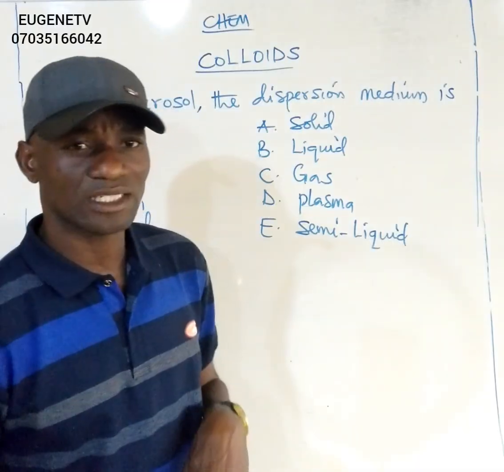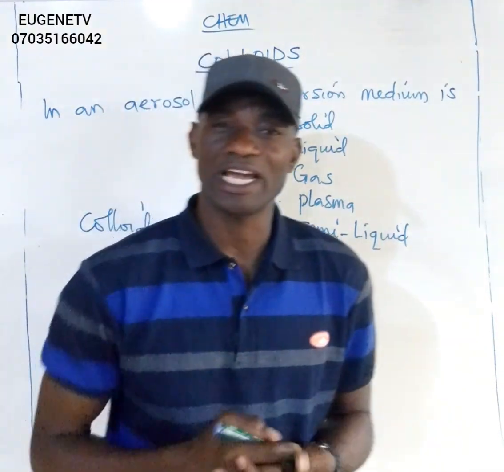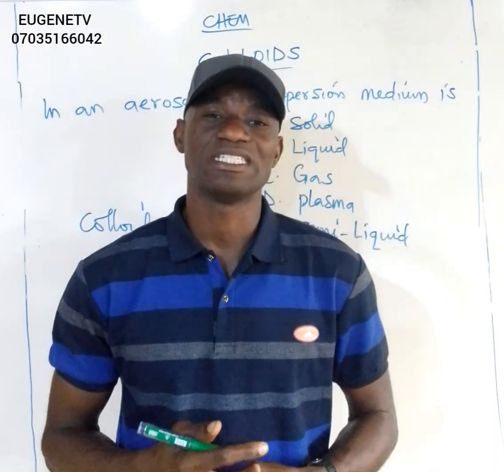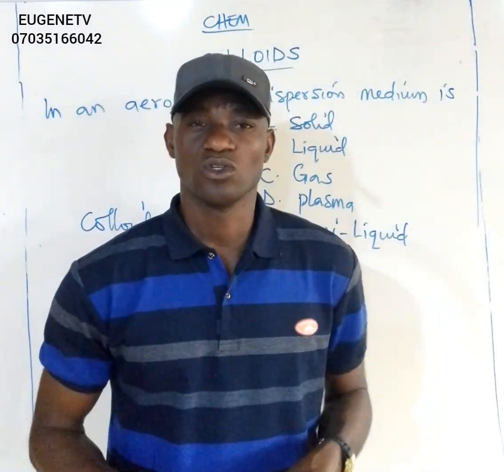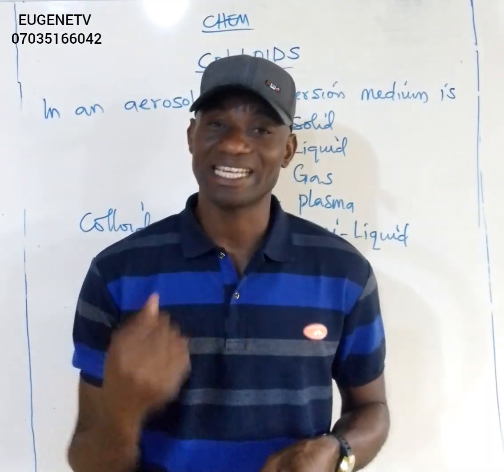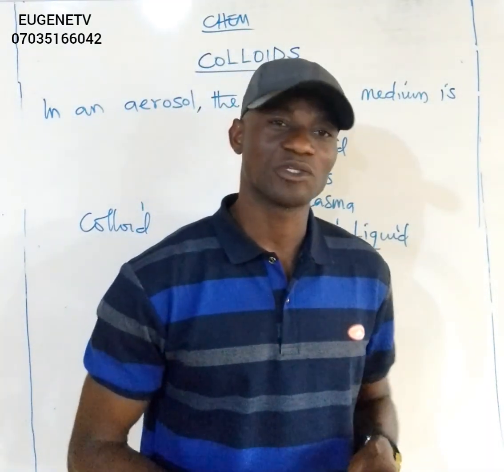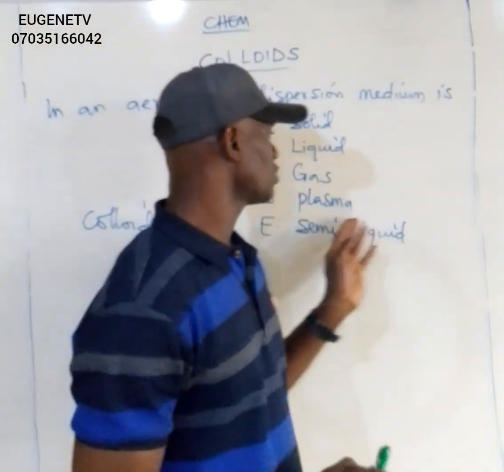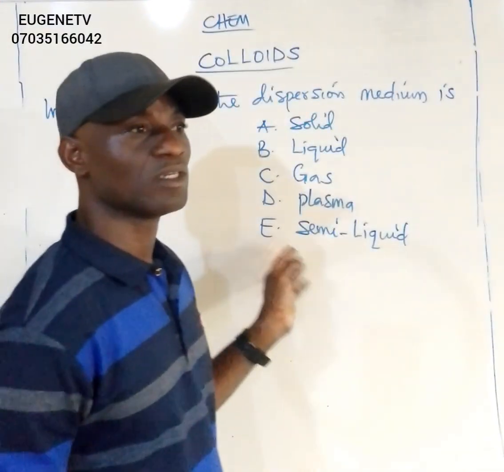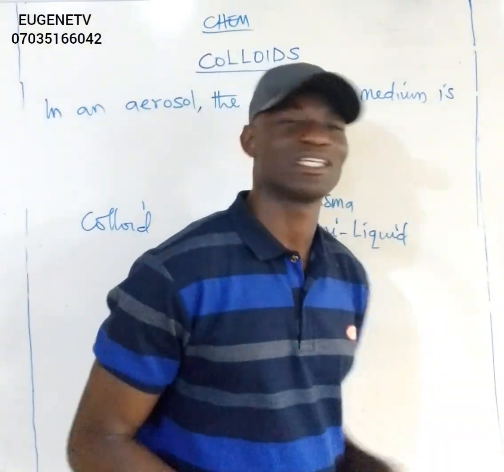In a colloidal system, the best way to describe a solute is the dispersed medium, whereas the best way to describe a substance acting as a solvent is the dispersion medium. So a colloid is said to be formed whenever a substance known as the dispersed medium is dispersed in another substance called the dispersion medium. Then it gives us a colloid.